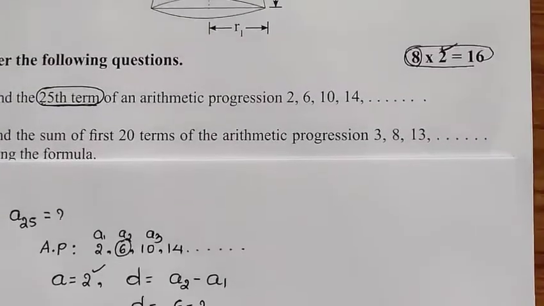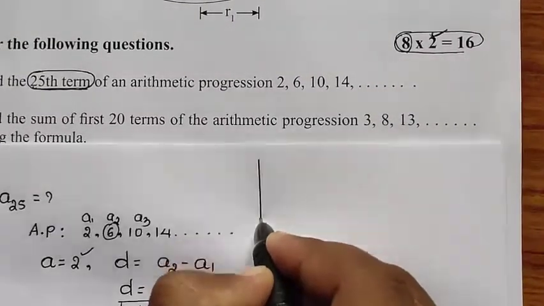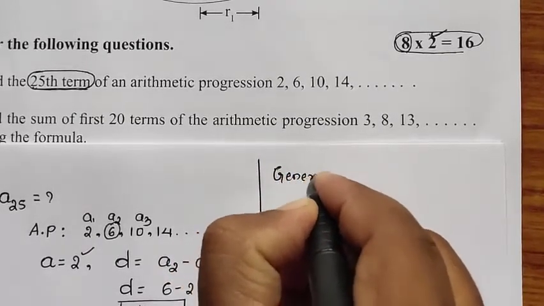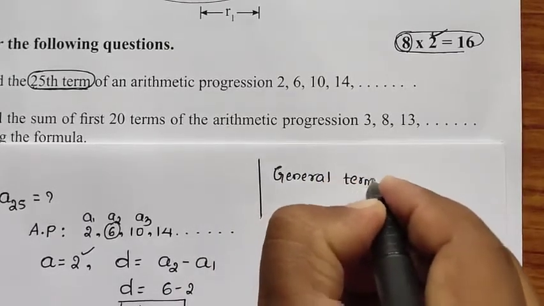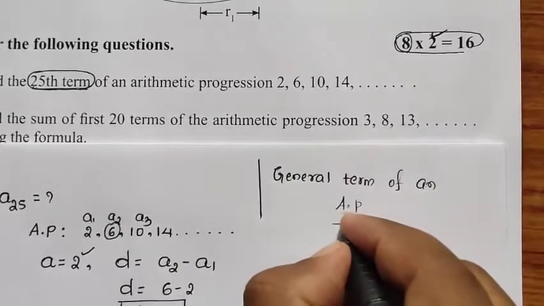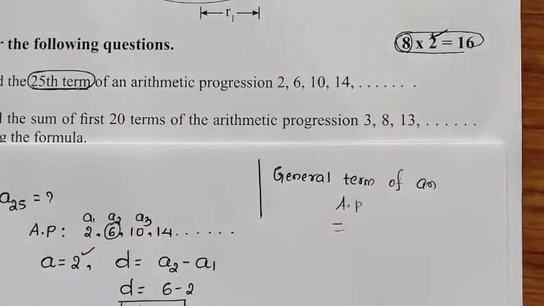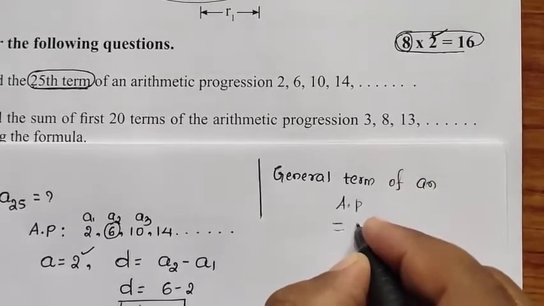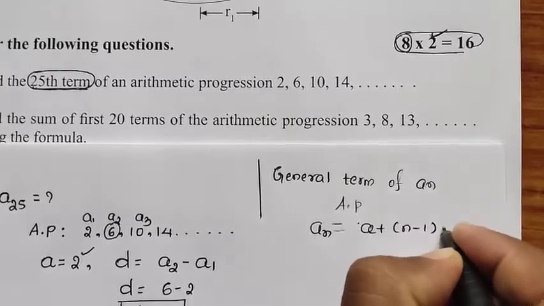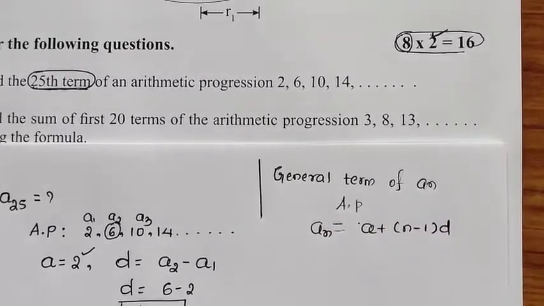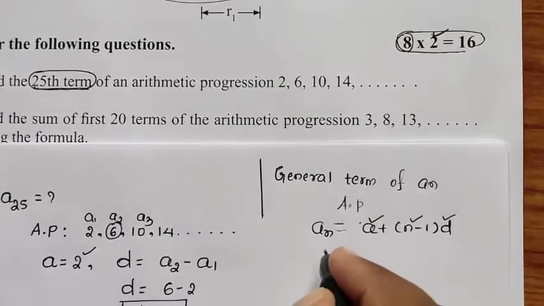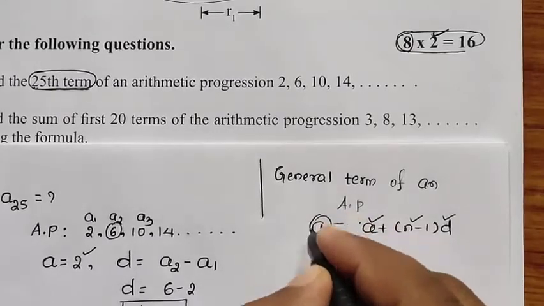The general term of an AP is given by AN is equal to A plus N minus 1 into D. If we know A, D and N, we can get any term of the particular AP.